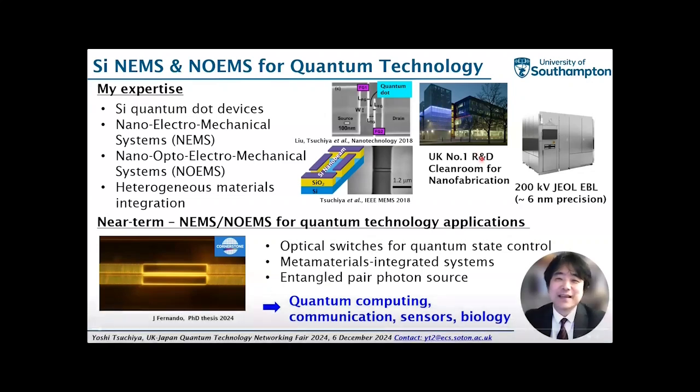Hello everyone. The University of Southampton has an excellent clean room facility for semiconductor nanofabrication, and my expertise includes silicon quantum devices, nanoelectromechanical systems (NEMS) and noise, and heterogeneous materials integration.